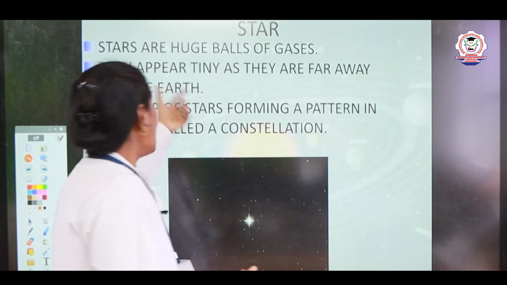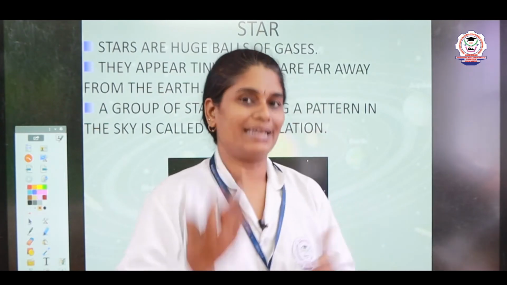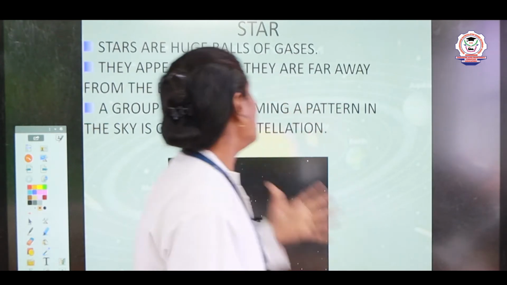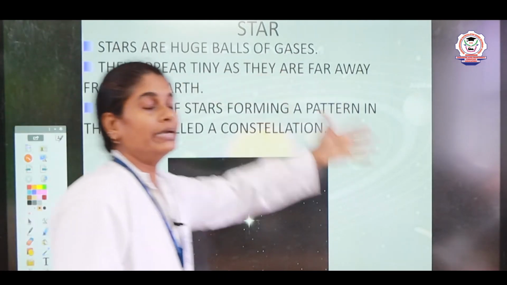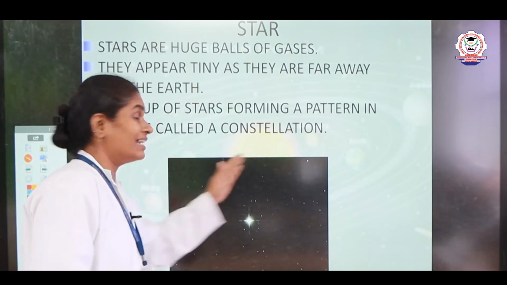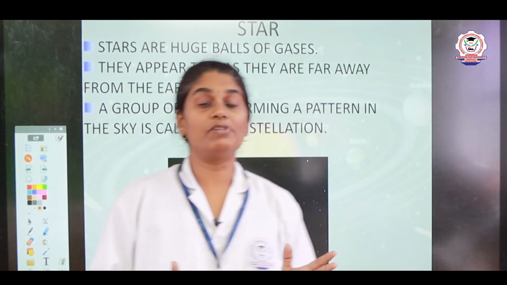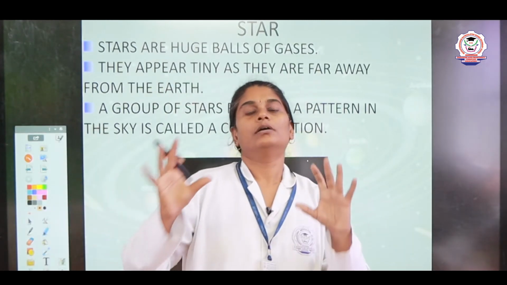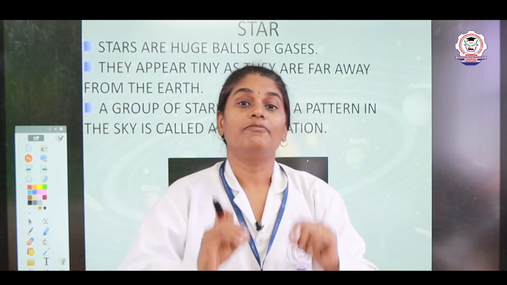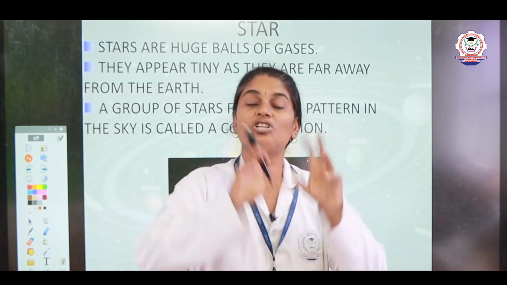And the stars appear to twinkle in the sky. During the night time, we see stars twinkling, right? Because of the gases that are burning inside the star. And during the night time, sometimes there is a group of stars present in the sky which looks like it is forming a pattern or shape.